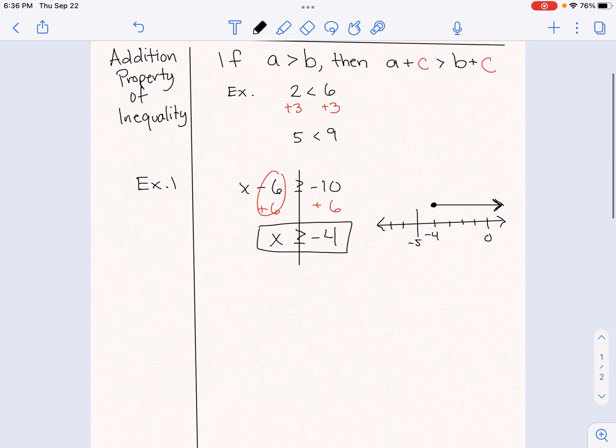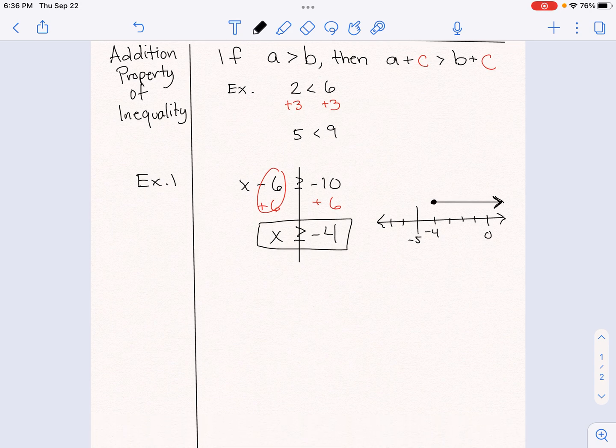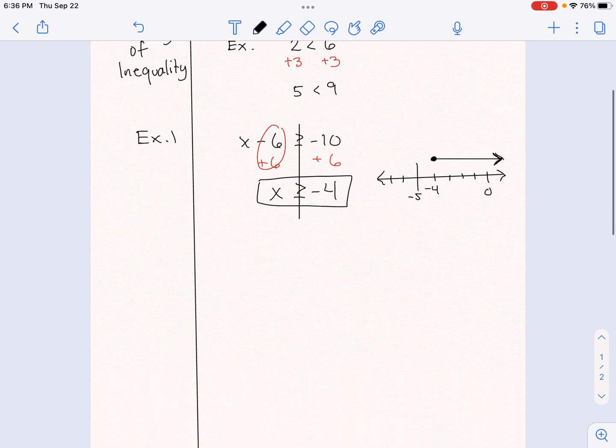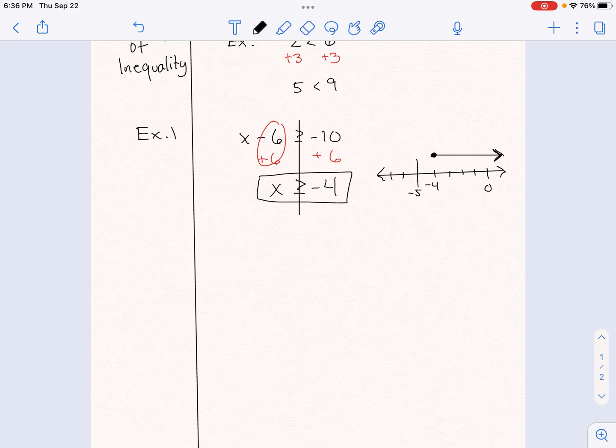Okay, next one. We just did the addition property of inequality. We're going to keep it simple here. Let's do the subtraction property of inequality.